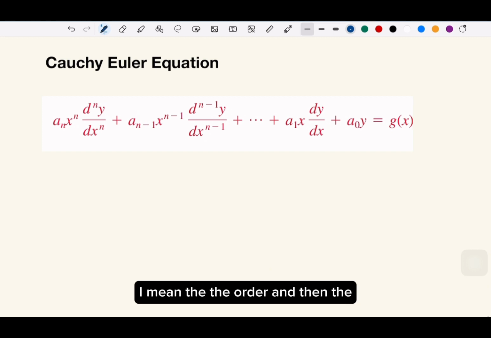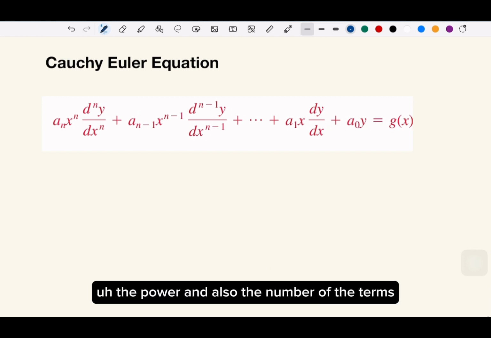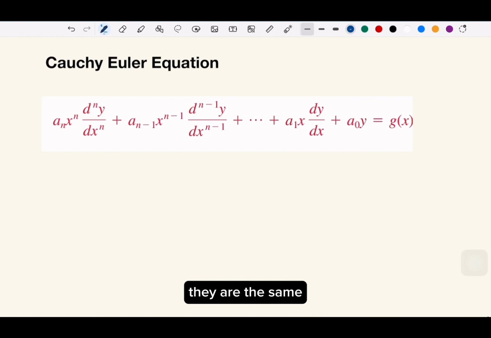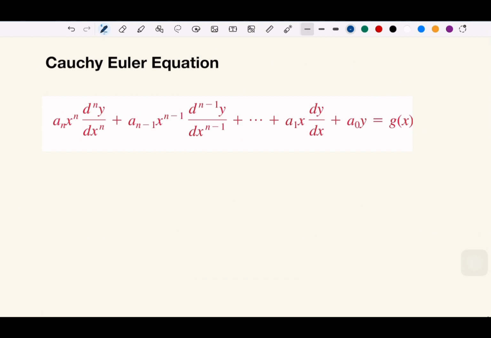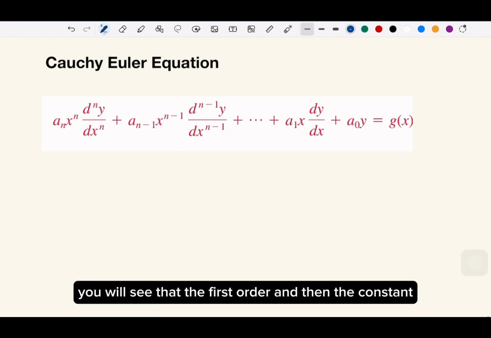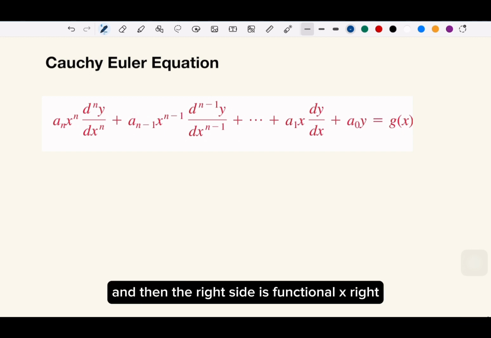The order, the power, and also the number of the terms are the same. The second part also has n minus 1, n minus 1, n minus 1. And then until the end, you will see the first order and then the constant. And then the right side is a function of x, right?